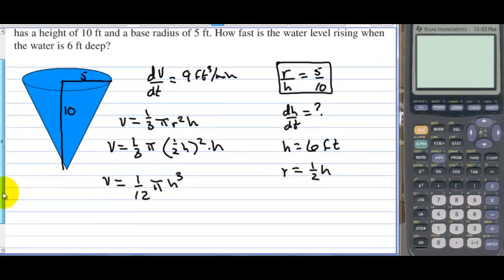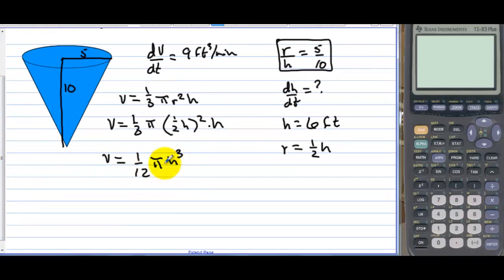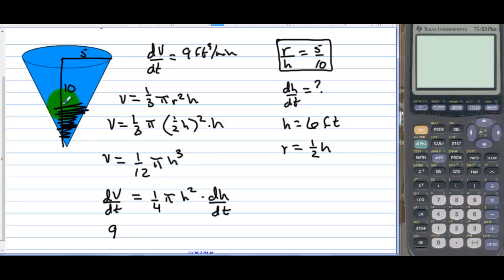Now that we have just one variable, we can take the derivative. We have dv/dt is equal to 3 times 1/12, that becomes 1/4, pi h squared, times dh/dt. Now we can fill dv/dt in with 9, and it's positive because this cone is going to fill up, which means that the height is increasing and the volume is increasing.